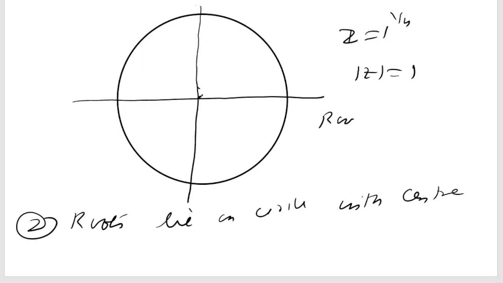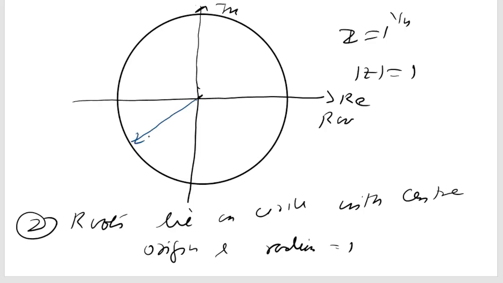The center is the origin, this is the real axis, and this is the imaginary axis. The radius of this circle is 1.